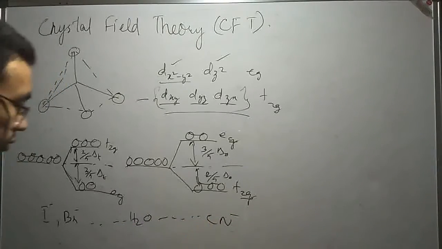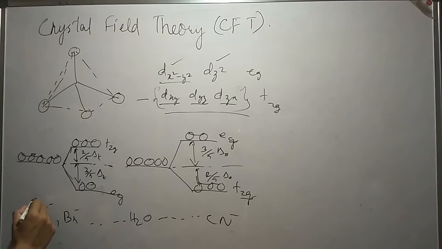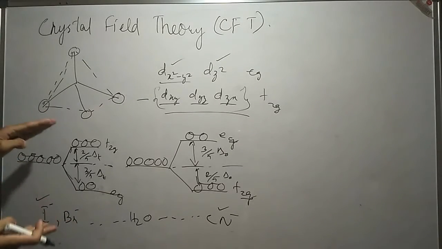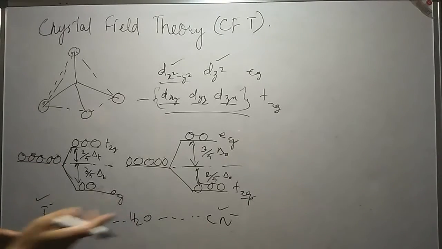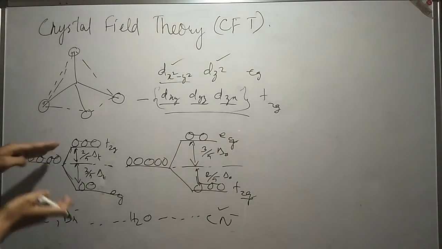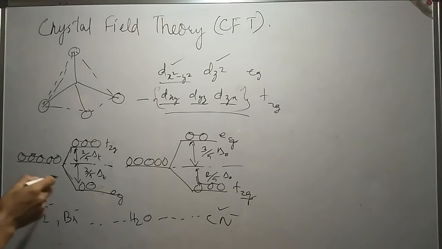So iodide is a weak field ligand. Cyanide is a strong field ligand. A strong field ligand will split the d orbital to a much greater extent compared to a weak field ligand.